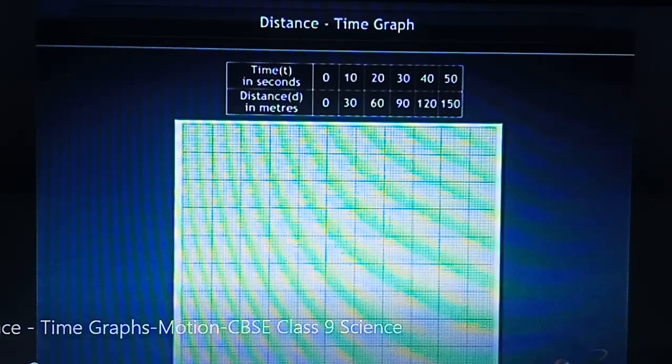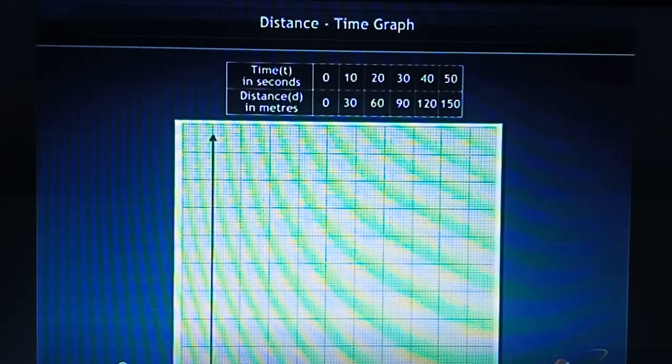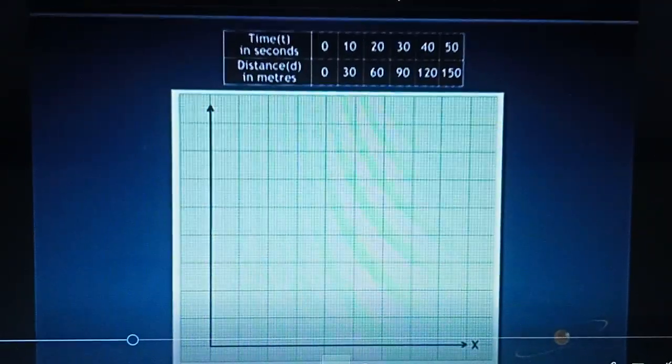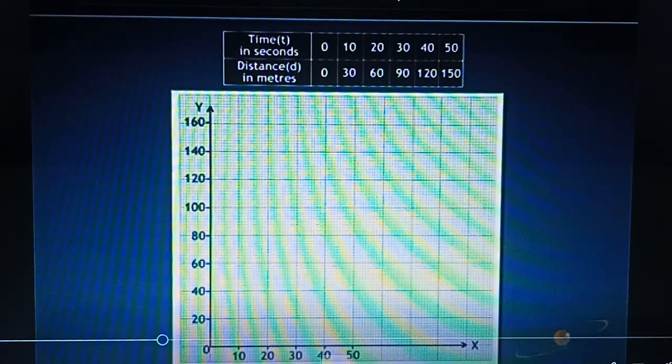Now we will be drawing two axes, namely x-axis and y-axis, taking time on x-axis and distance on y-axis. Firstly we will draw the x-axis, then the y-axis.